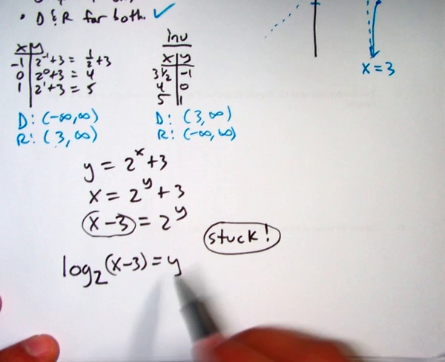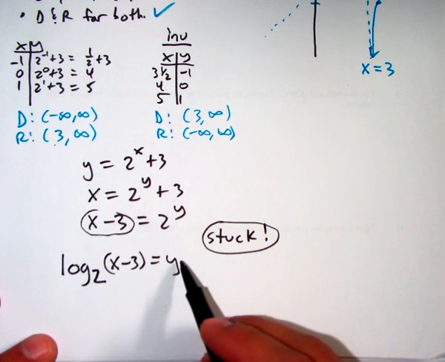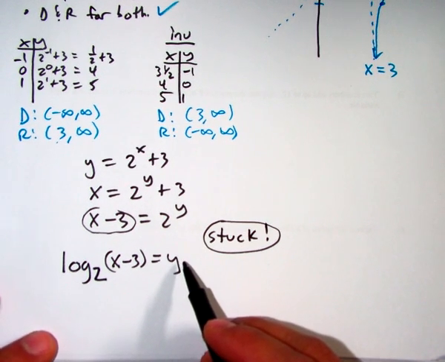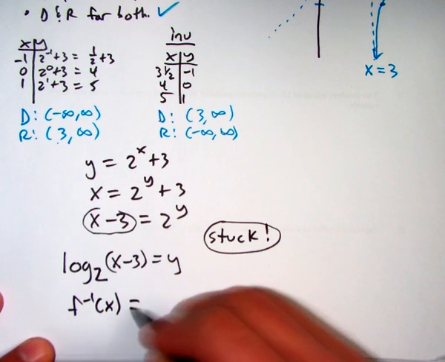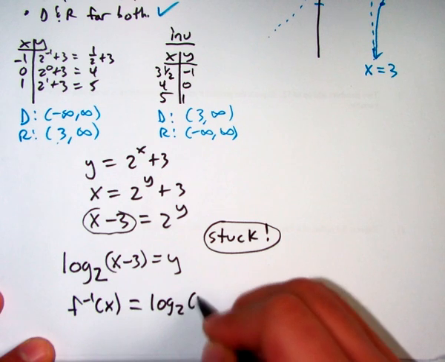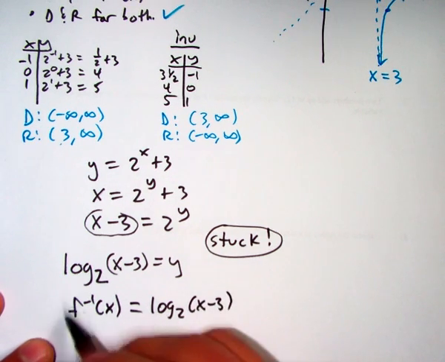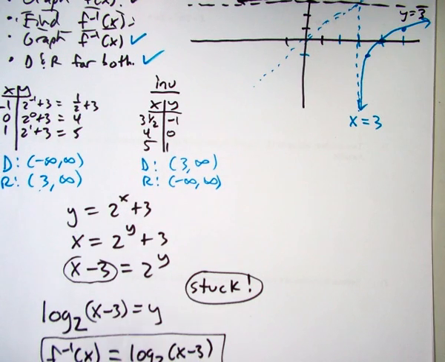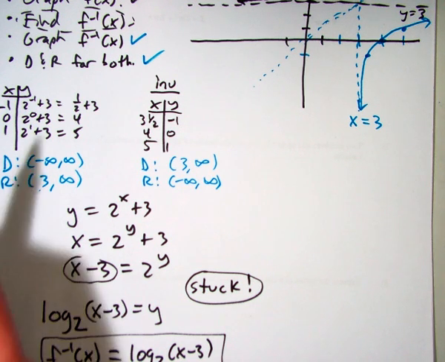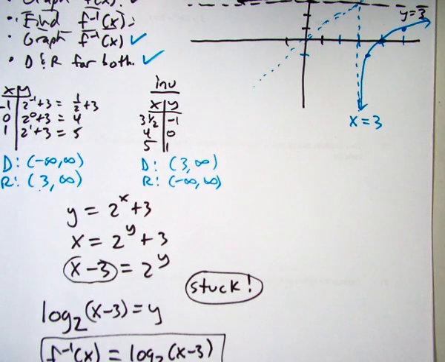So when we switch the format, all of a sudden now y is alone. Okay, so there's our inverse. Our inverse is going to be log base 2 of x minus 3. And we already have the graph for it. It's right up here in blue. Okay? Just a couple more examples here. Oh, one other thing actually.